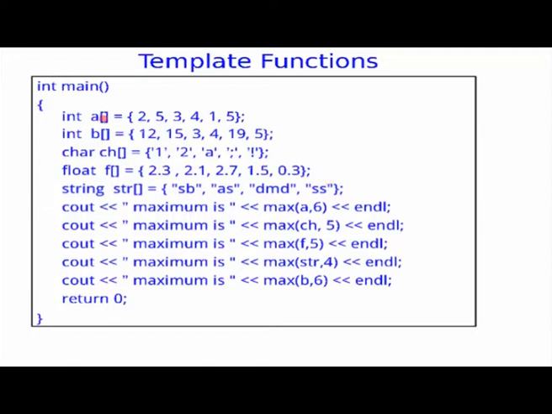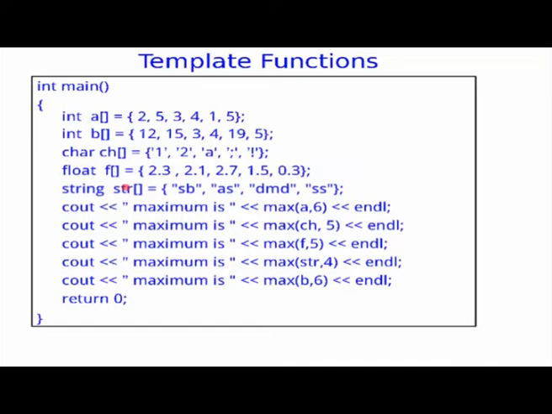So observe in int main, or the main function, there are 5 array declarations, each of a different type. A, the first one, is an integer array of 6 elements, the values are there. B is yet another integer array but with 6 different elements. CH is a character array with 5 character constants in single quotes.